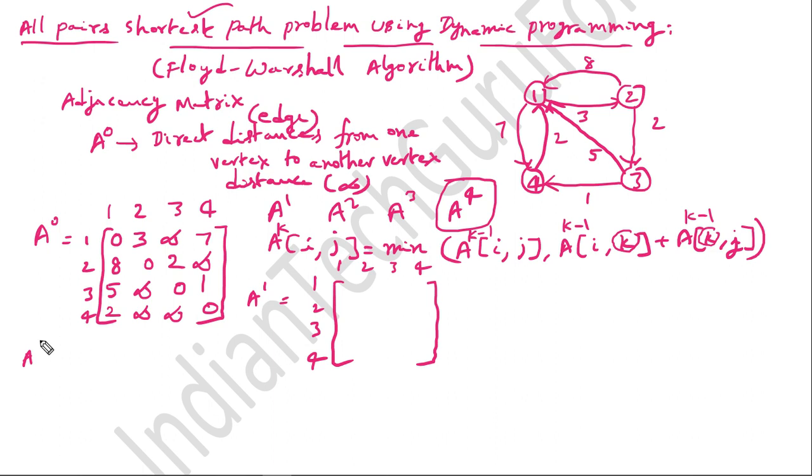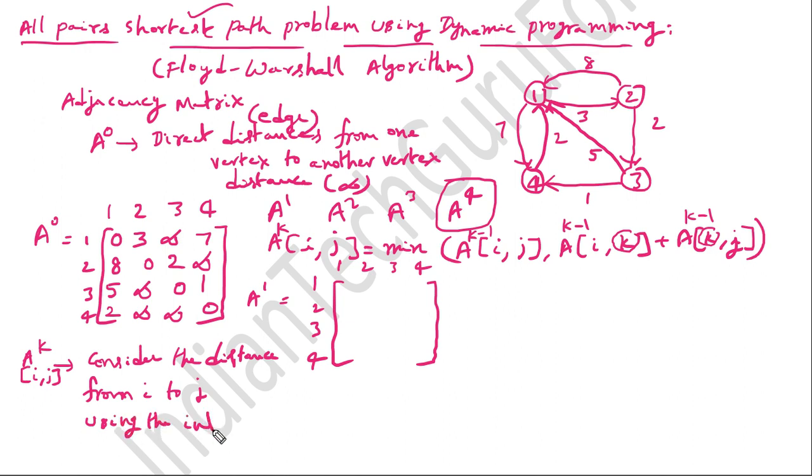Whenever we are going to calculate A power k, we need to consider the distance A power k of i comma j, the distance from i to j using the intermediate node or vertex as k. k must be the intermediate node.